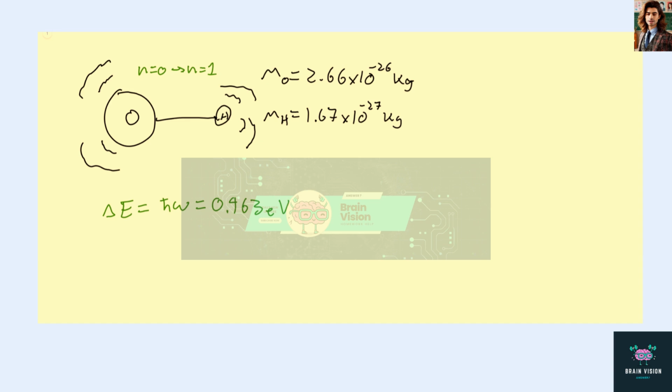So if we take a peek at what we want, the frequency, but we already have the energy and the constant.